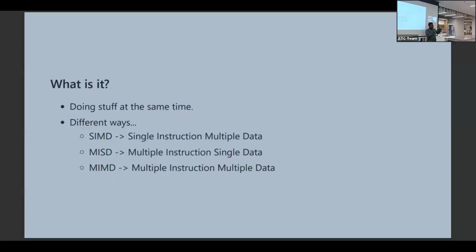So using the same data, perform different actions on it over multiple threads or multiple cores. And then there's probably the most powerful version, multiple instruction, multiple data. That's just doing everything. Different data worked on by different instruction sets, etc.